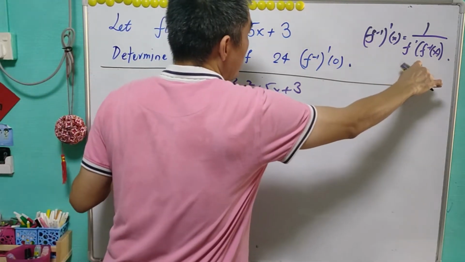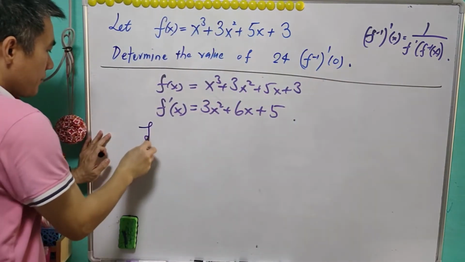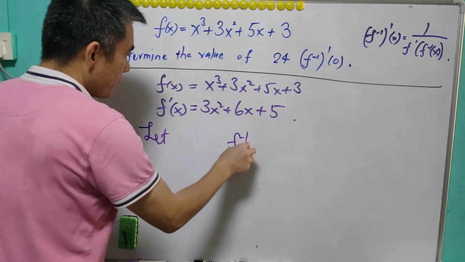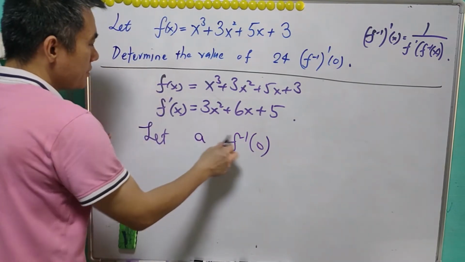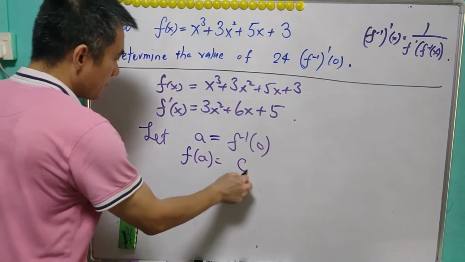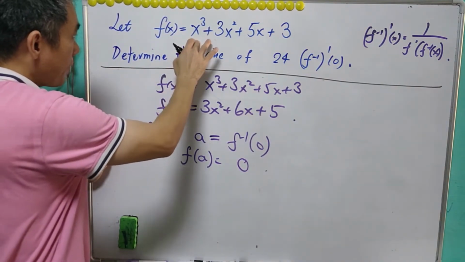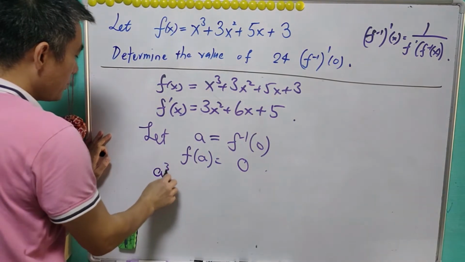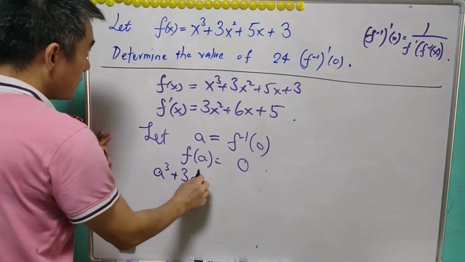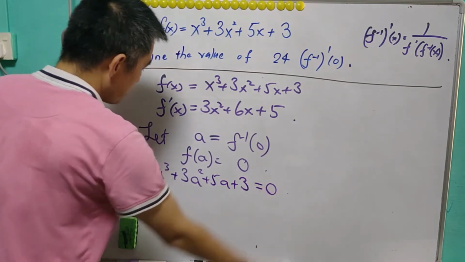And we need to find out what is f inverse 0 in this case. I'm not quite sure what f inverse 0 is, so let's call this value a. This means that f(a) is equal to 0. According to the definition, it is a cubed plus 3a squared plus 5a plus 3 equals 0.